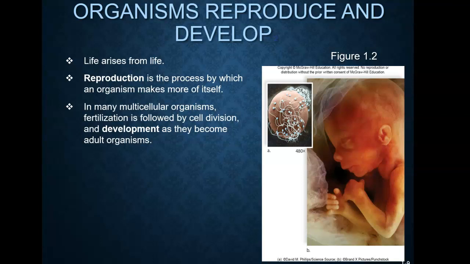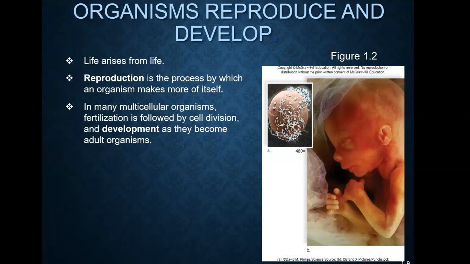Again, bacteria go through a process called binary fission, where they make another copy of their DNA, make more cytoplasm, elongate, and basically pinch in two and have an identical copy of themselves. In many multicellular organisms, fertilization is followed by cell division and development, and that's how you produce an adult organism.